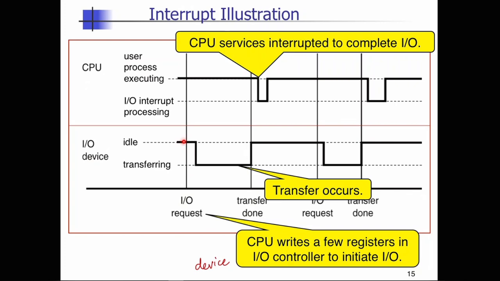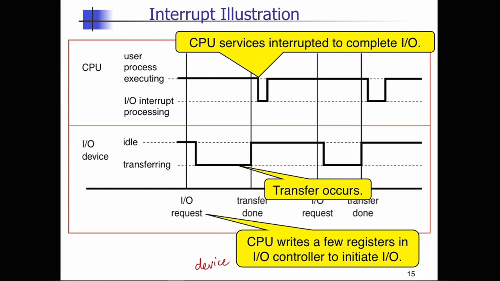After the CPU writes those registers, the transfer of data happens between the device and its local buffer. And once it is done, it is going to send an interrupt to the CPU suggesting that I am done with that data transfer. So the CPU's service is interrupted at that place to complete that I/O transfer.